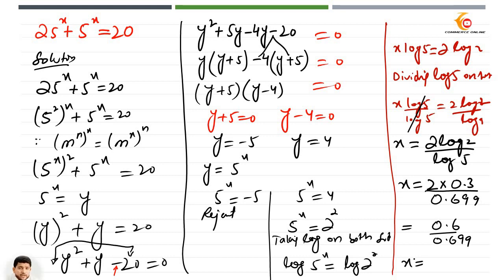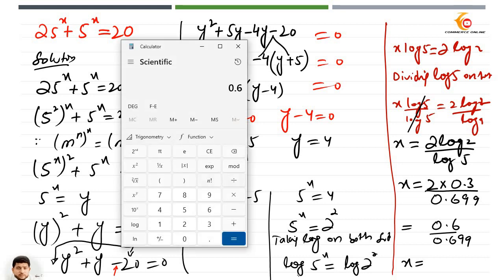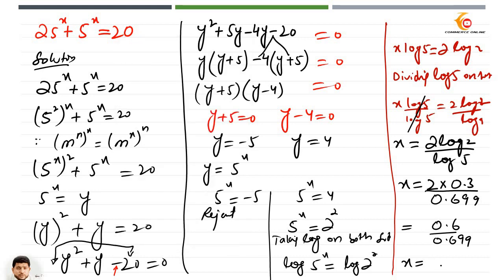So x is going to be equal to, let's find out, 0.6 divided by 0.699, that will be 0.858, and that is our answer.